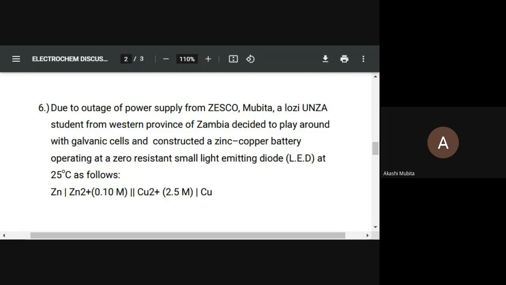Where's the question? Question 6. What is supposed to be done on question 6? Do you kindly scroll up a bit? We see what is down.